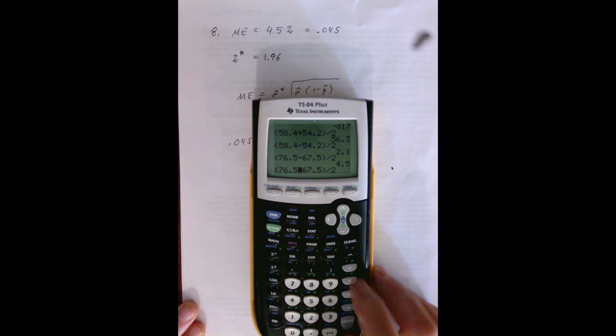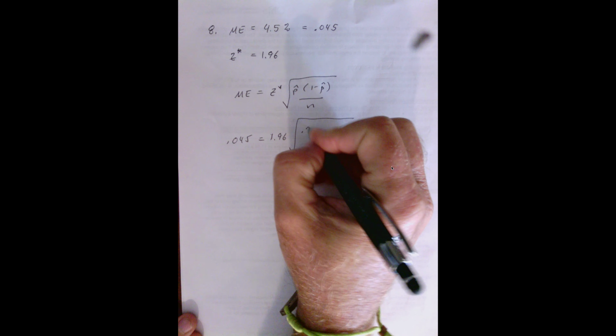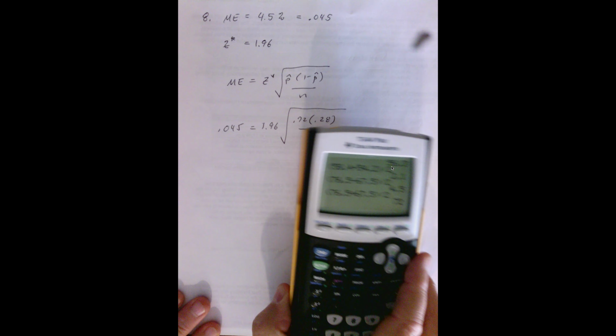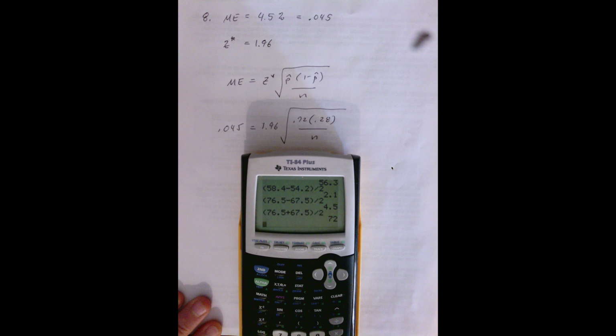So it's 72%. So 1 minus 0.72, 0.28. If you can't do that in your head, just use your calculator. All right, so guys, I'm going to take 0.045 divided by 1.96. Then I know I need to square both sides.